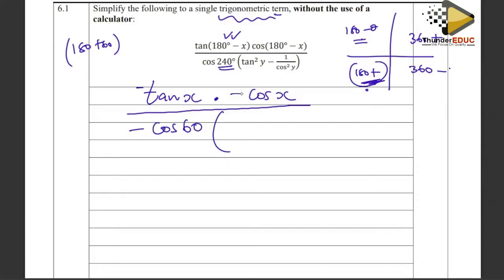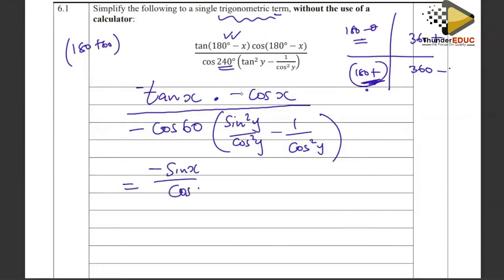And then when we look at this, what's going on there? We can change the tan squared into sine and say sine squared y over cos squared y minus 1 over cos squared y. Okay, beautiful. We move on. We're going to change now this tan into a sine and cos. So it's a negative sine x over cos x.